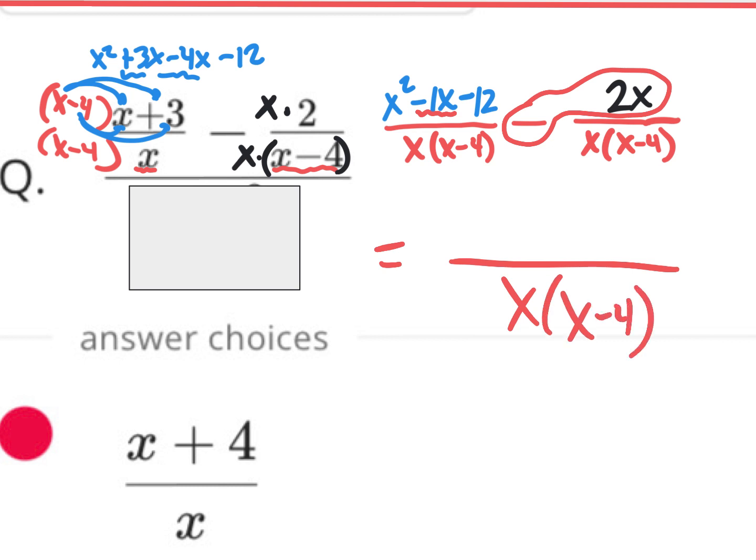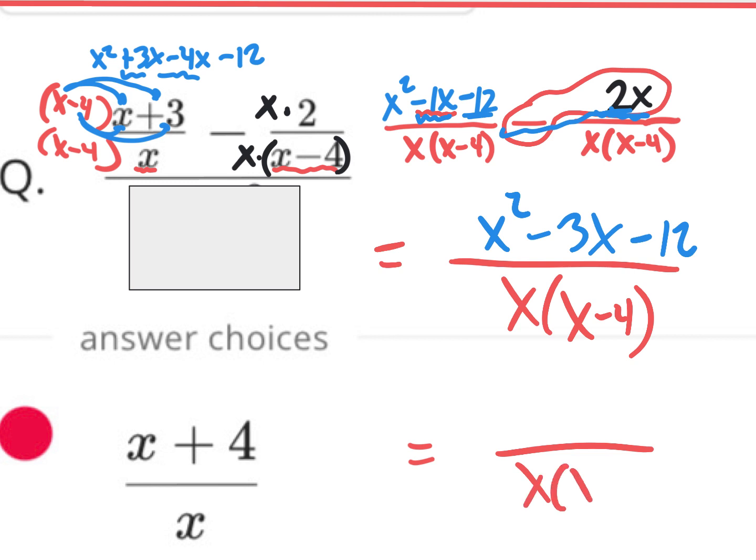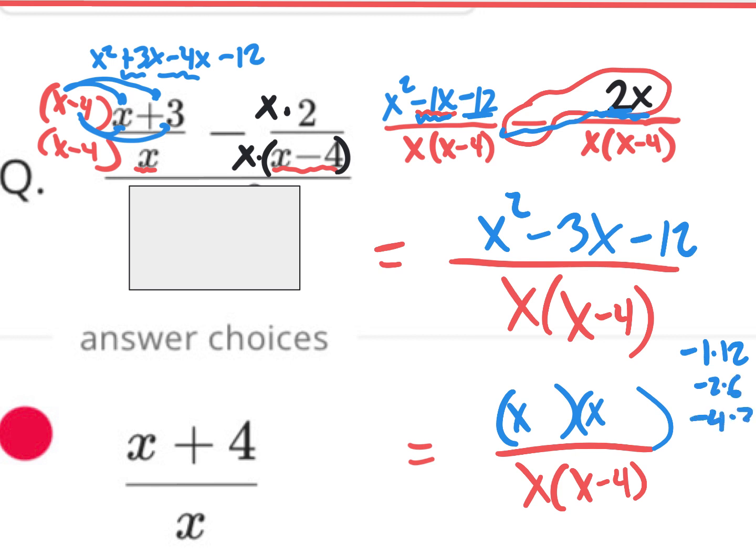Okay, so what is our answer? We have the x squared, we have the negative 1x minus 2x, that'll be a negative 3x, and then finally the minus 12. So that's a quadratic trinomial. You should try and factor it, maybe, I'm not sure if this could actually happen, but maybe up on top you could factor further and think what times what is negative 12, that if you combine together is negative 3: negative 1 times 12, negative 2 times 6, negative 4 times 3, nope, it doesn't work, so scratch that.